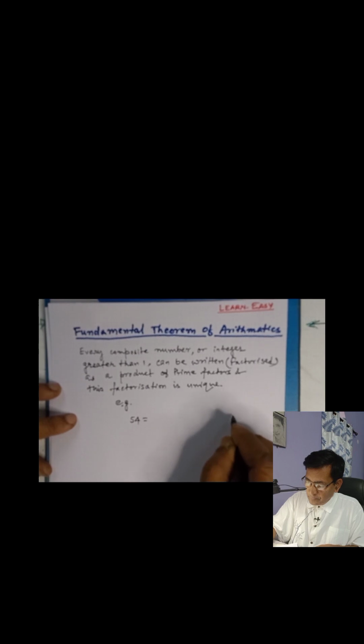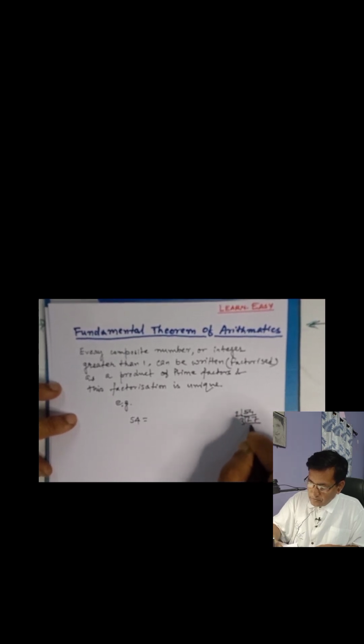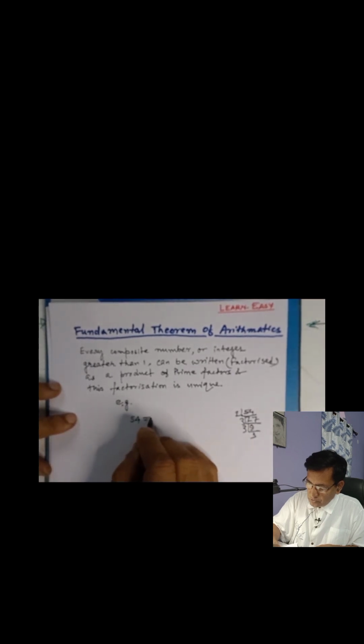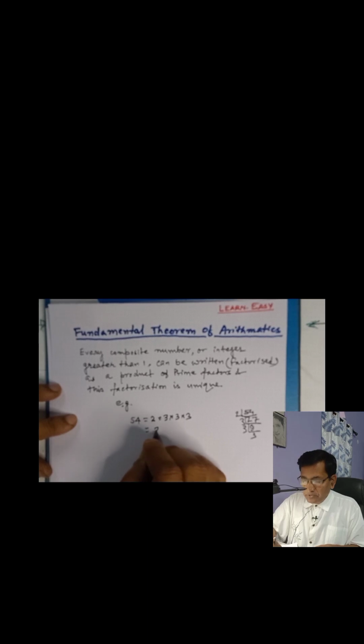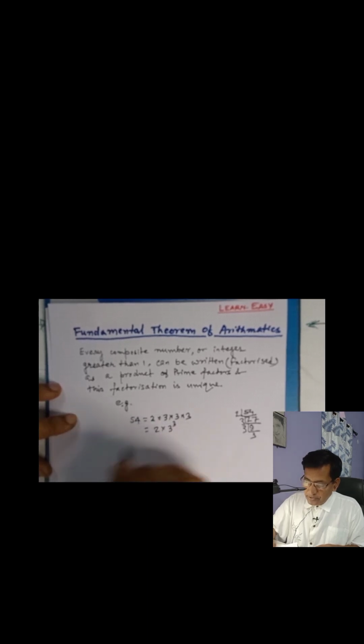Suppose 54. Factors are 2 into 3 into 3 into 3, is equal to 2 into 3 to the power cube.